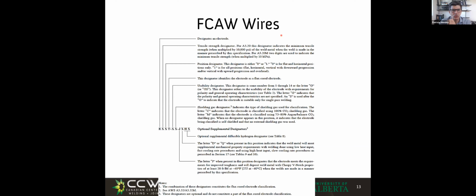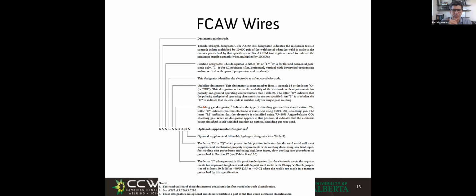The T means tubular. And then this is followed by this usability designator. This is similar to what we have in stick welding, in which 2 digits gave us the strength, and other 2 digits gave us the type of flux and the usability it's going to have, right? And in this case, in addition to the type of fluxes and the usability it would have, it also says what type of gas we should use, right?